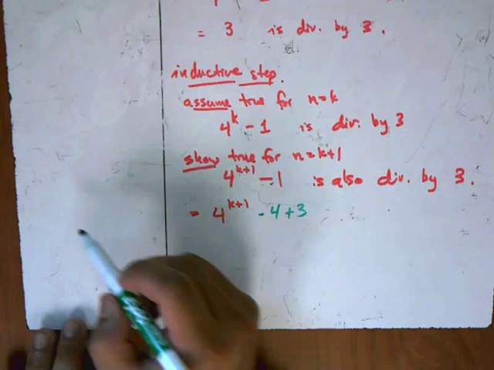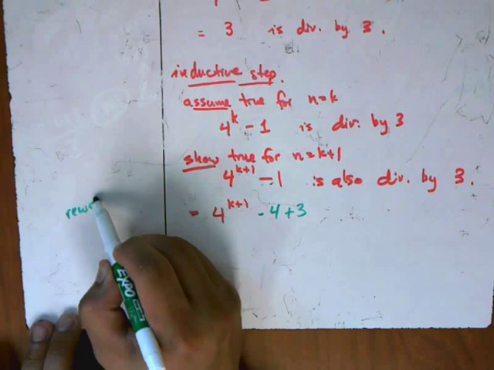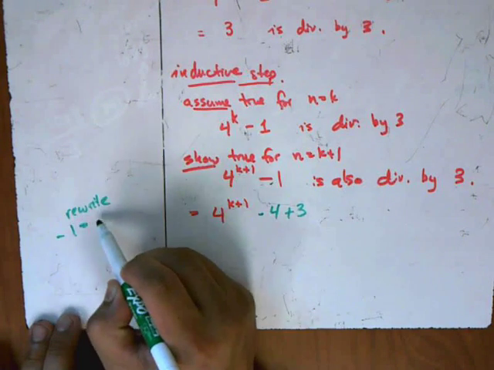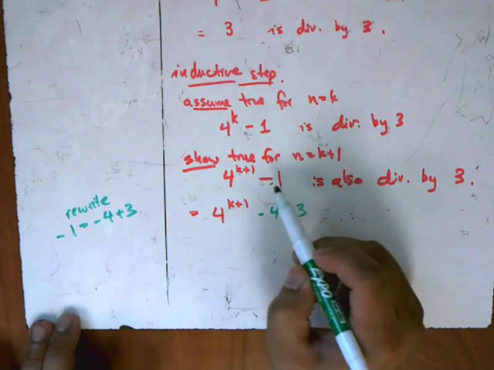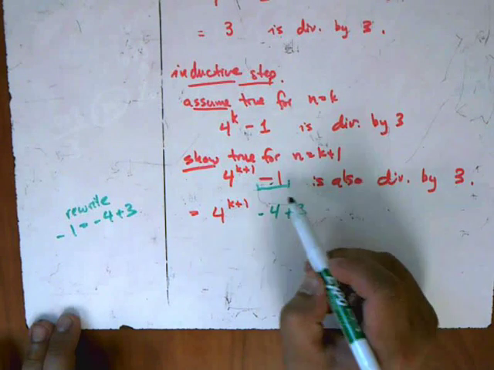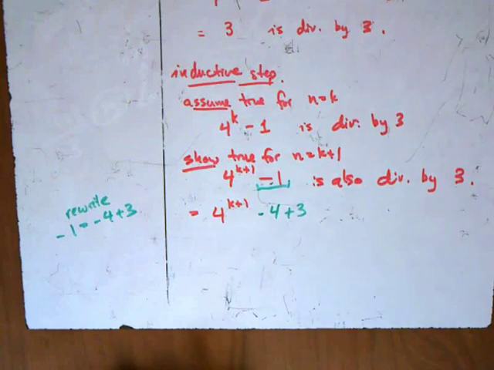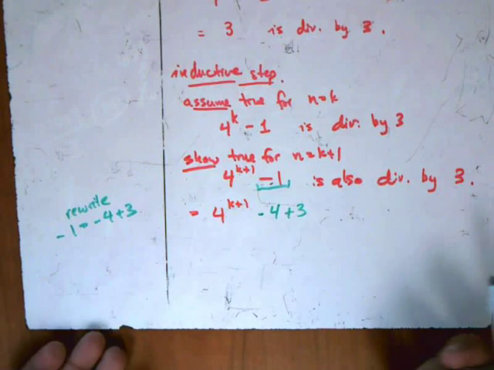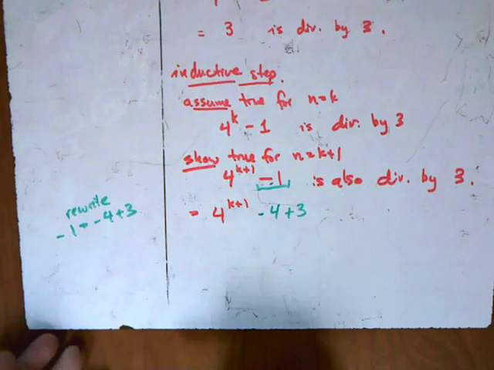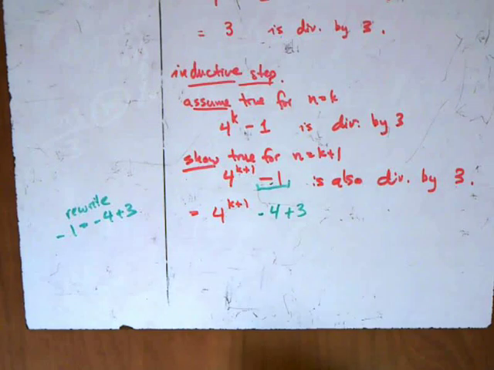So we're rewriting negative 1 as negative 4 plus 3. There's nothing wrong with doing that. If you're wondering why we do that, let me show you as we complete the proof, and then we'll come back and reflect on it.